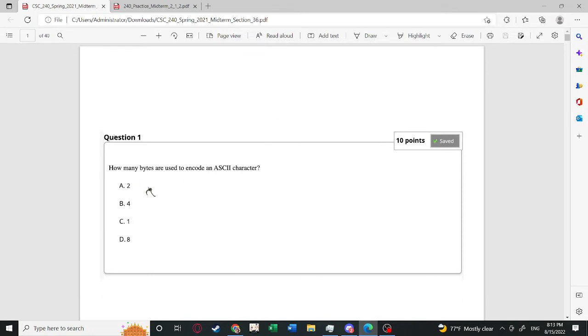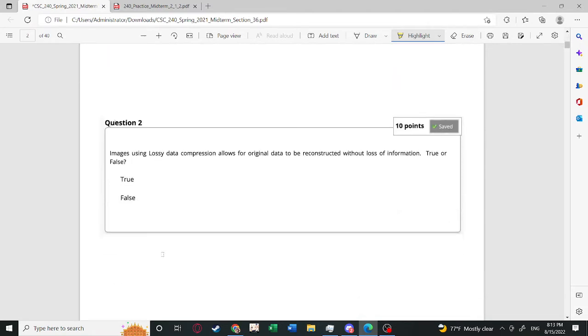How many bytes are used in code and ASCII character? That is 8. Compression allows for original data to be reconstructed without loss of information.